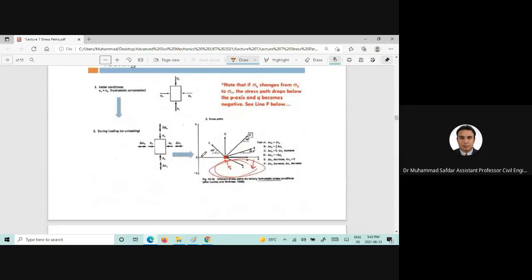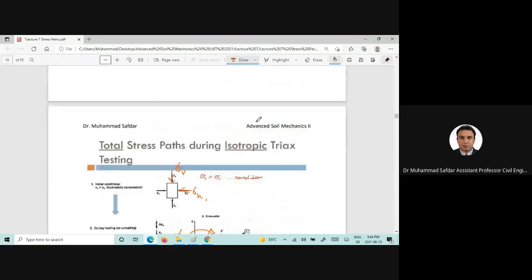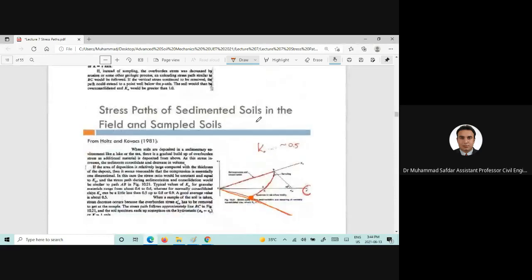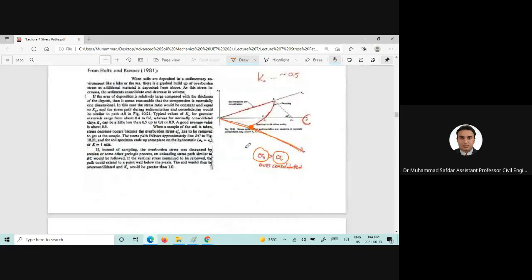Now, for example, K is 1 here, which is the isotropic consolidation stage, and in this region the sigma H changes from sigma 3 to sigma 1, which means that sigma horizontal would be greater than the vertical one.